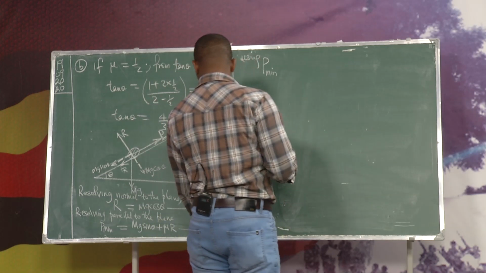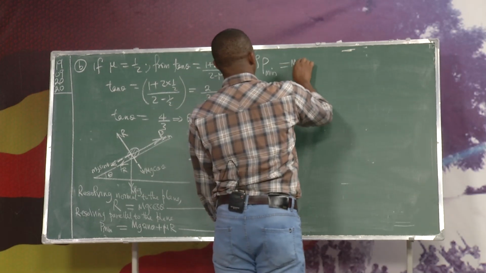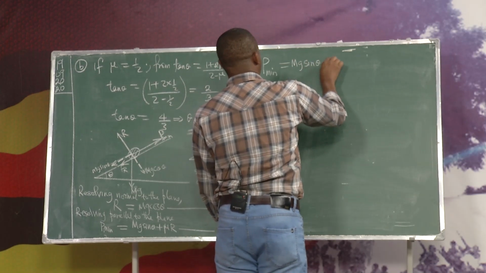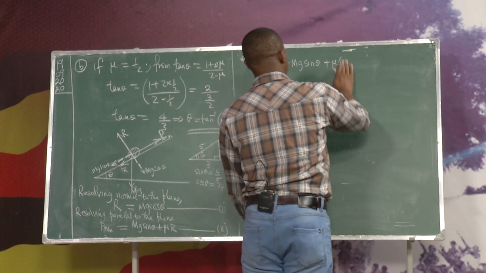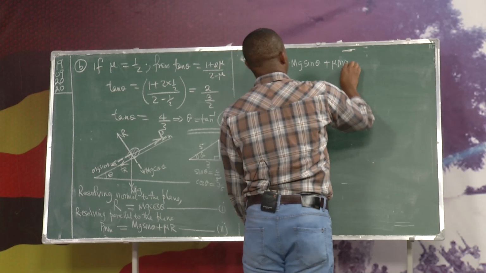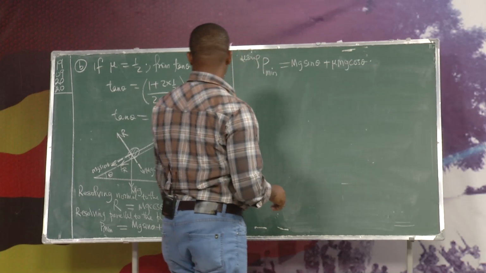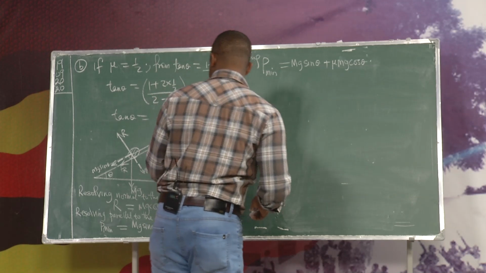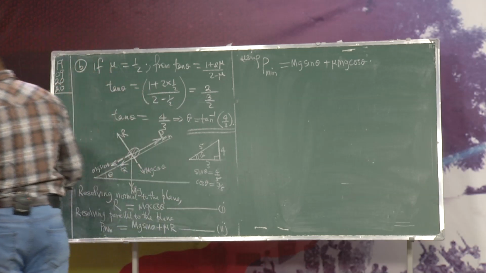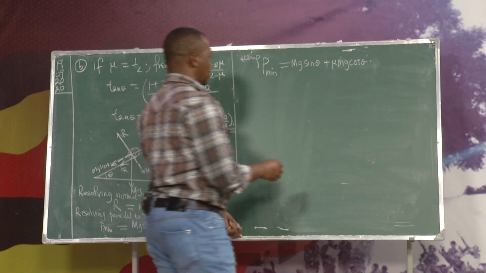So we shall substitute for R, and that means our P minimum will be mg sine theta plus mu into R. My R is mg cos theta, so plus mu mg cos theta. Since we have the value of mu, I think mu was given, we are going to substitute in for mu, and we substitute in for the sine and cos.